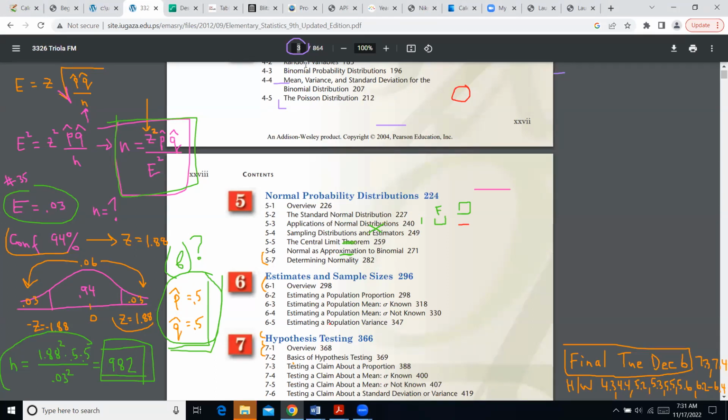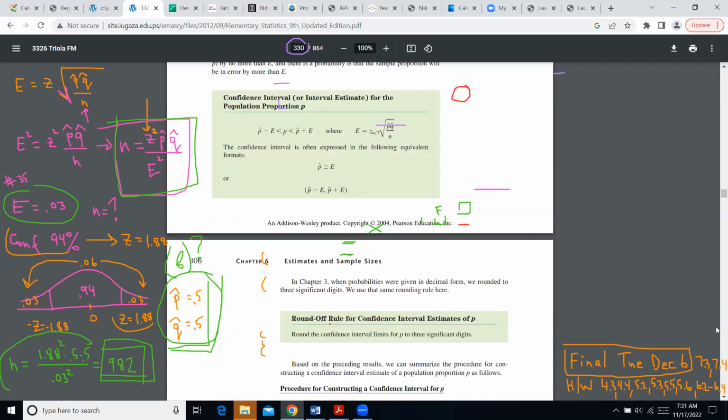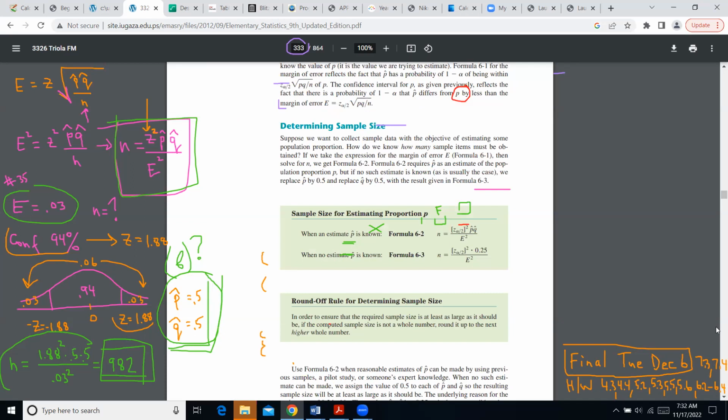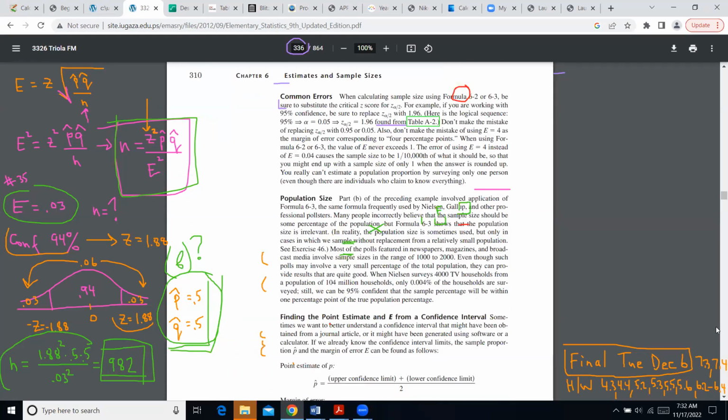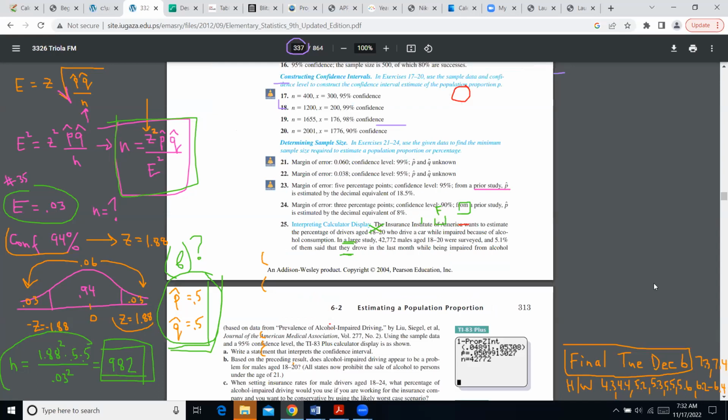So I'm gonna return back now to the page with section 6.2, so it's about page 330, something like that. So when we estimated the sample size, it looks like I want to do another calculation, and maybe have you try to also calculate the sample size here.